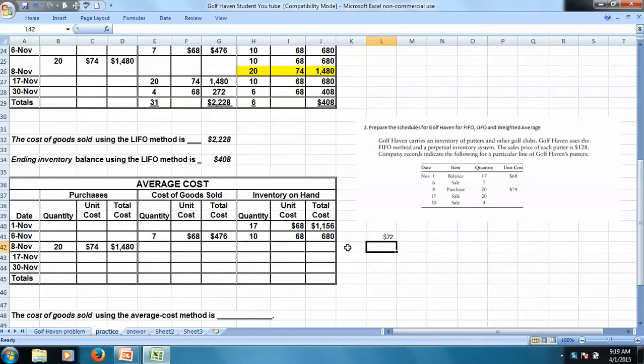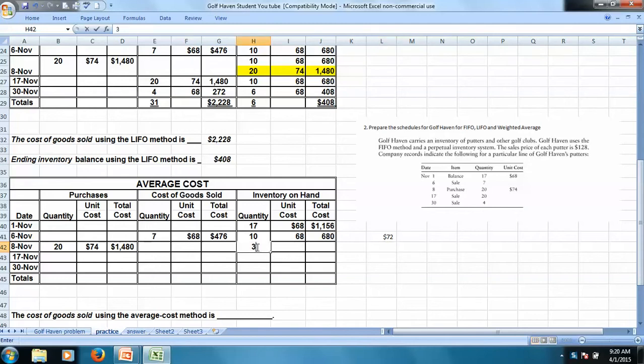So again, to calculate the new unit cost per putter under the weighted average, we're going to take the total cost of the inventory on hand, add it to the total cost of our purchases, add those two numbers together, and then divide by the total quantity that we now have in the store. The ones that were on hand plus the purchases, 30 putters.